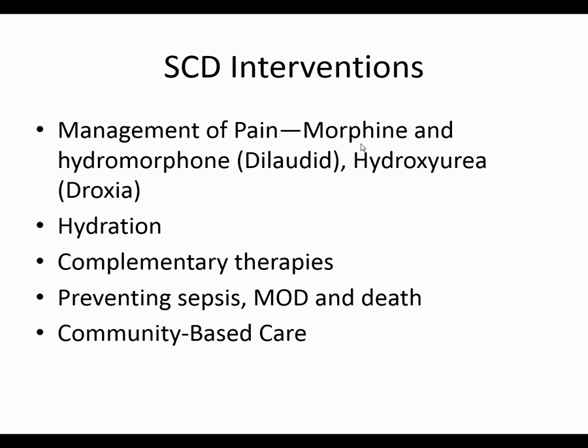You want to help remove any restrictive clothing from these patients and instruct them to avoid flexing their knees and hips as much as possible. These can cause an obstruction as well in that blood flow.